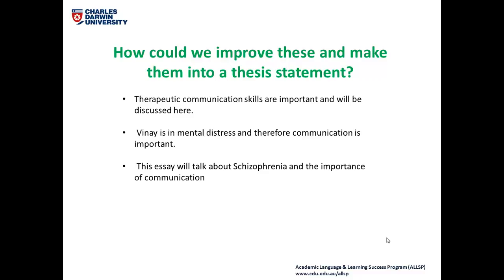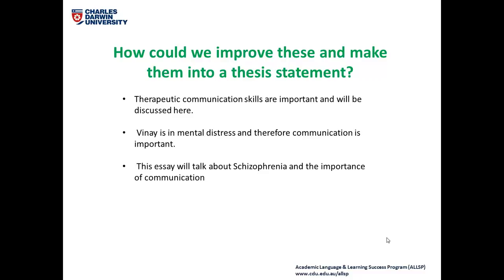Now, I'm going to read you some examples, and they are only examples. You may have come up with something different, and that doesn't mean that you're wrong, but think about what I've included in my wording when I've put these together. The importance in developing and using therapeutic communication skills to aid in building therapeutic relationships because of the need to establish positive relationships with patients in mental stress during admission. Okay?